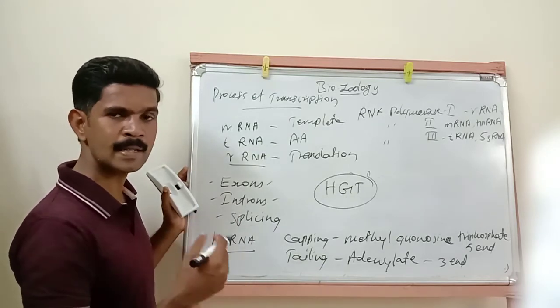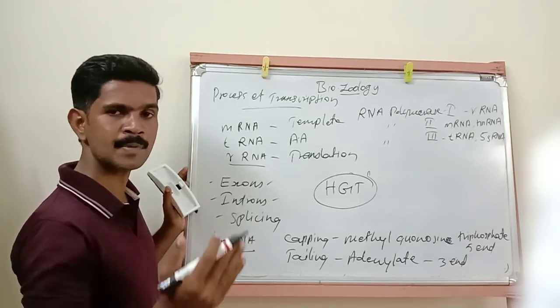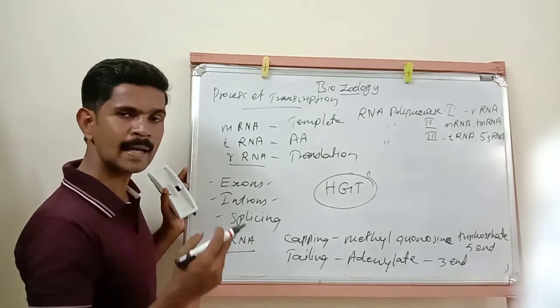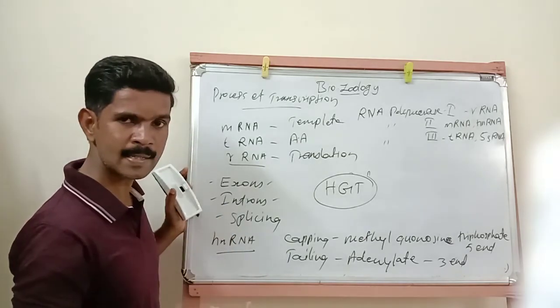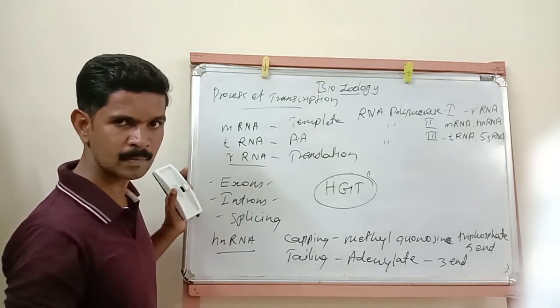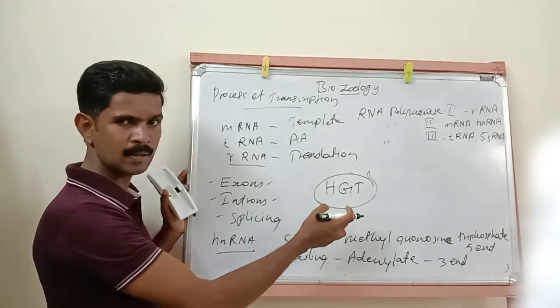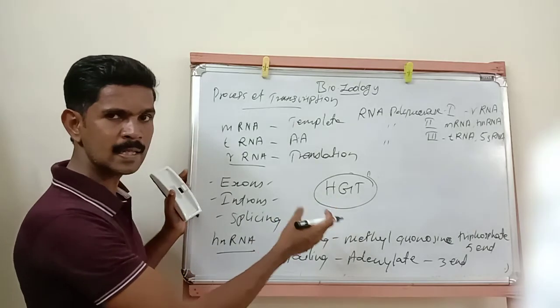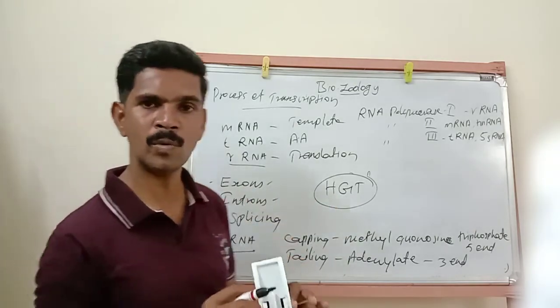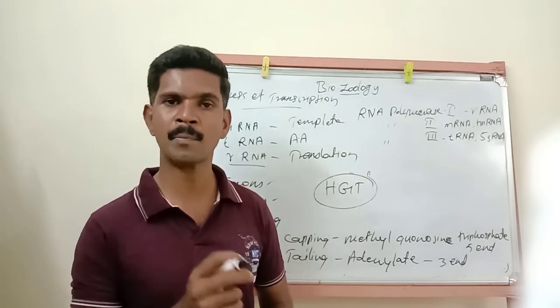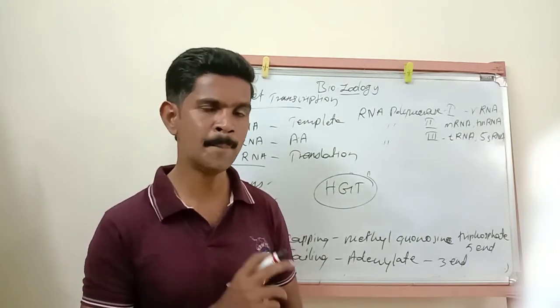They can splice or join inside or outside a target site, and introns can act as mobile transposons. Here HGT means horizontal gene transfer. So this HGT may be present between two eukaryotic cells, or between two prokaryotic cells, or between one prokaryotic cell and one eukaryotic cell.